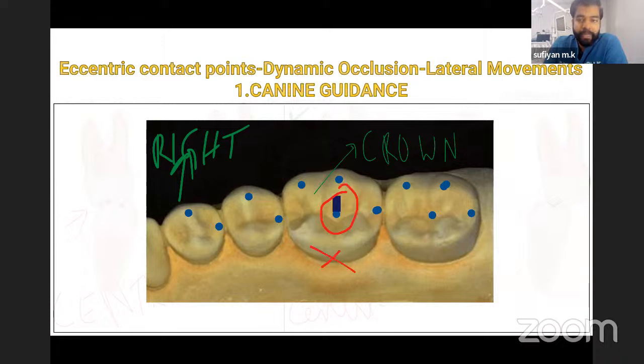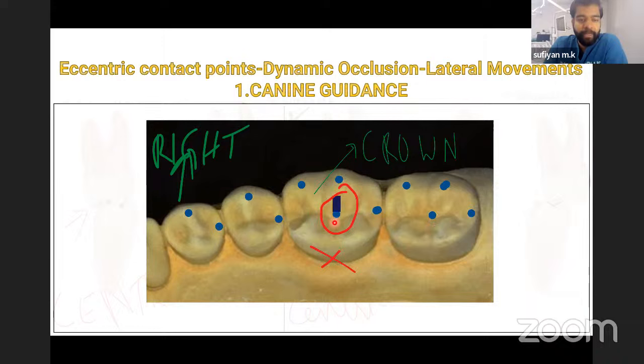If along with the canine, you are having a marking in this crown starting from the ideal occlusion points, this is the interference you are having. Because in canine guidance, the posterior should not touch.